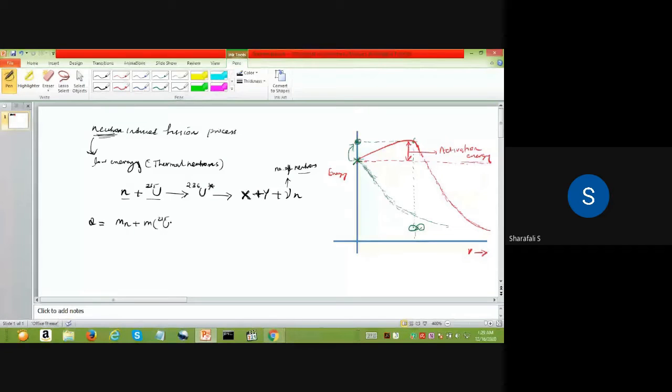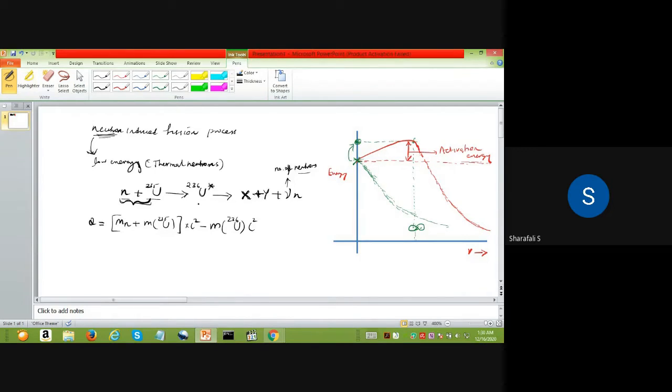Okay, so this much times c squared minus the mass of the uranium 236 nucleus times c squared. If you calculate this difference, the mass of neutron plus mass of uranium 235 times c squared, that is the energy of the parent nucleus plus that neutron.